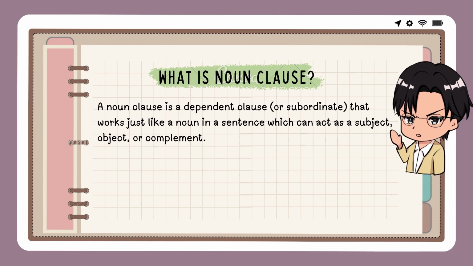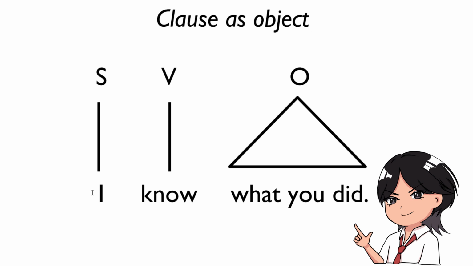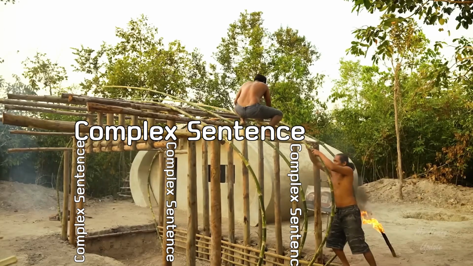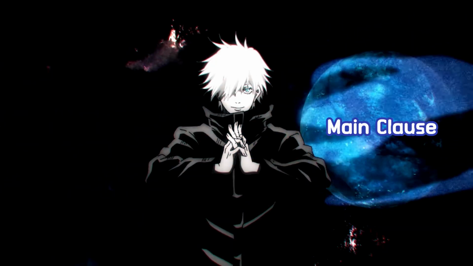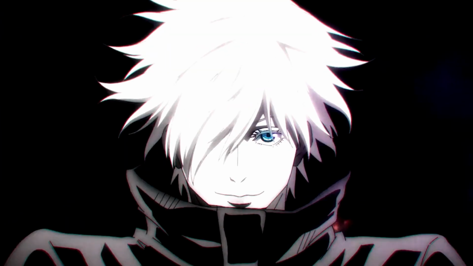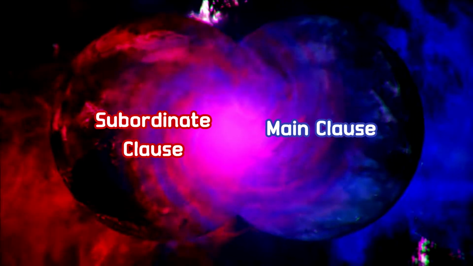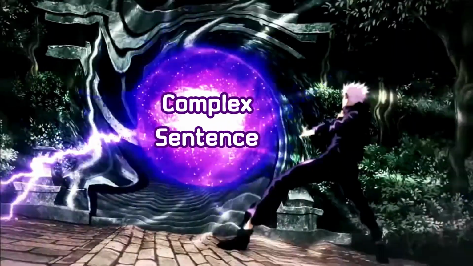What is noun clause? A noun clause is like a dependent clause or subordinate that works just like a noun in a sentence, which can act as a subject, object, and complement in order to form a complex sentence which needs a main clause and one or more subordinate clauses. By combining these clauses together, we shall get the complex sentence.